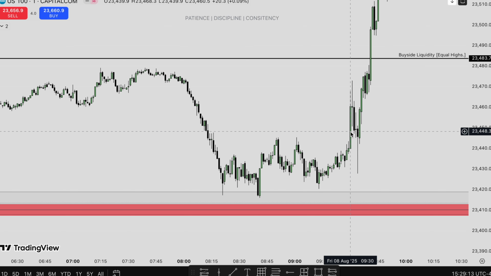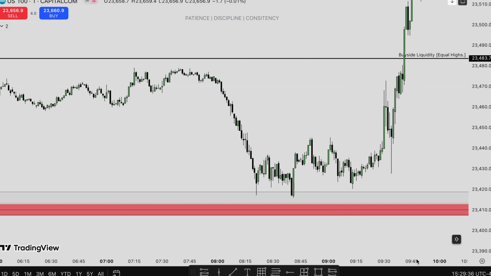But obviously, as you can see, if you would have bought this, you would have clearly been manipulated out. So I did not buy this here because I wanted to see price trading here, respect this, draw higher, and then I look for something else to long, right? I was looking for something else besides this.